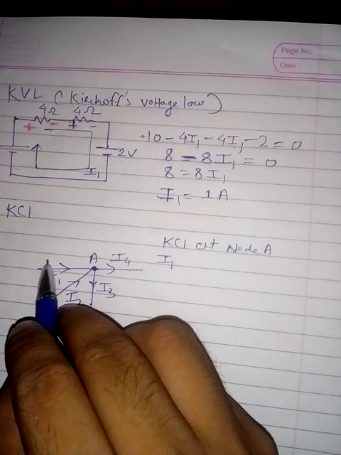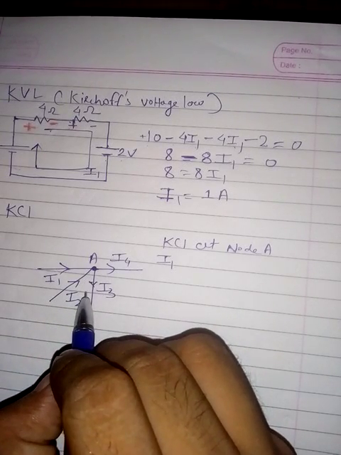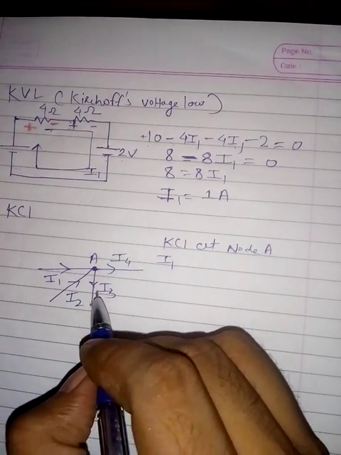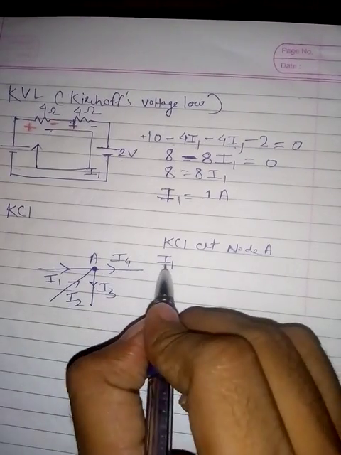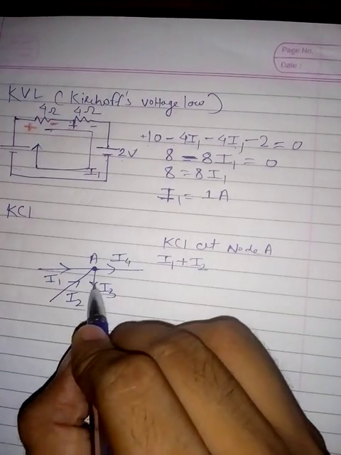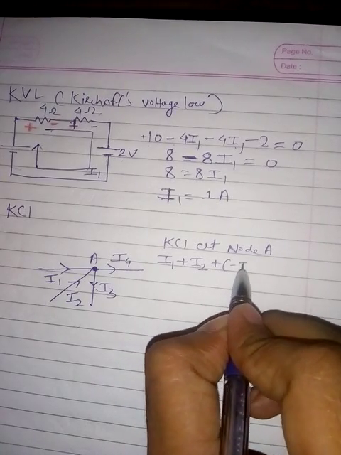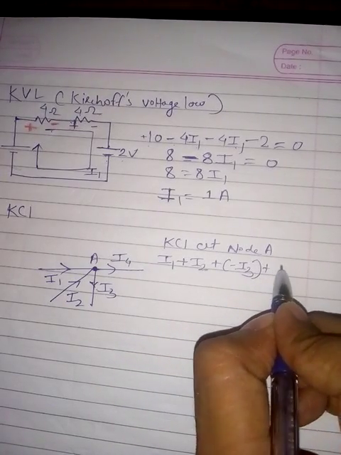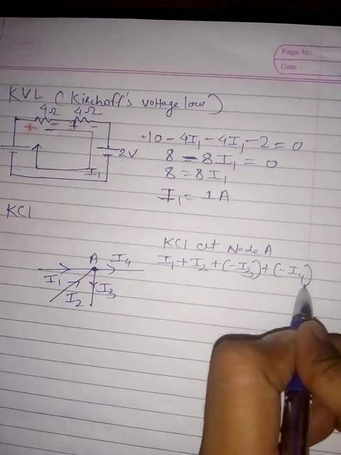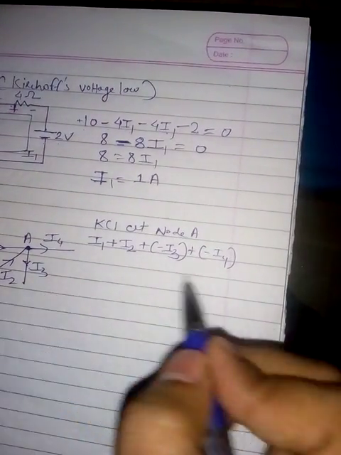Let's say when the current is going towards the point, consider that current is positive. So I1 positive plus I2 positive. Now I3 and I4 both are leaving, so this we have to write negative, equal to 0.